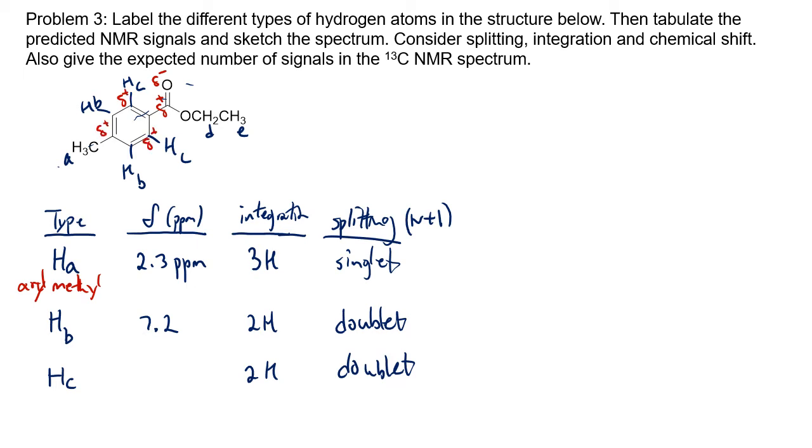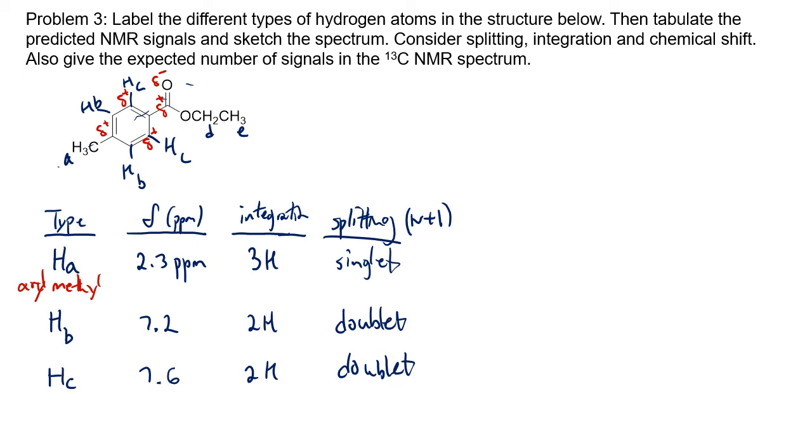So if we do resonance structures, we would see that HC and the C next to the CH3 are all a little bit electron poor. So if we went through the table, we'd probably find that this chemical shift is going to be a little bit higher. Let's say 7.6, although it might be a little different, because those HCs are a little bit electron poor.